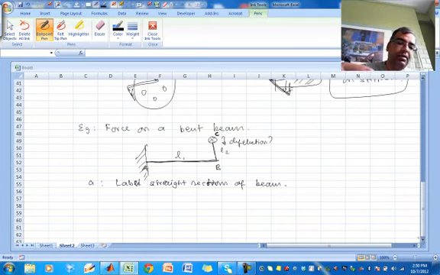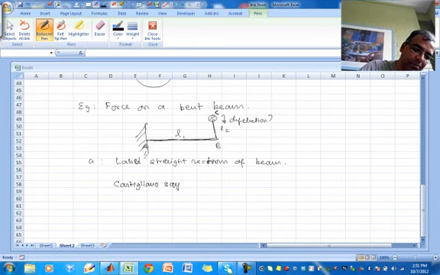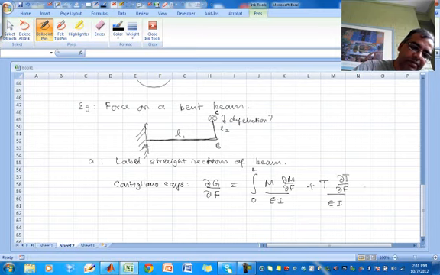Right? And before we proceed, I want you to remember that ultimately what I'm interested in is, Castigliano says, I need dδ/dF, which, because of only bending and torsional energies, will look like the integral from 0 to L of M (dM/dF) over EI plus T (dT/dF) over GJ, dx.